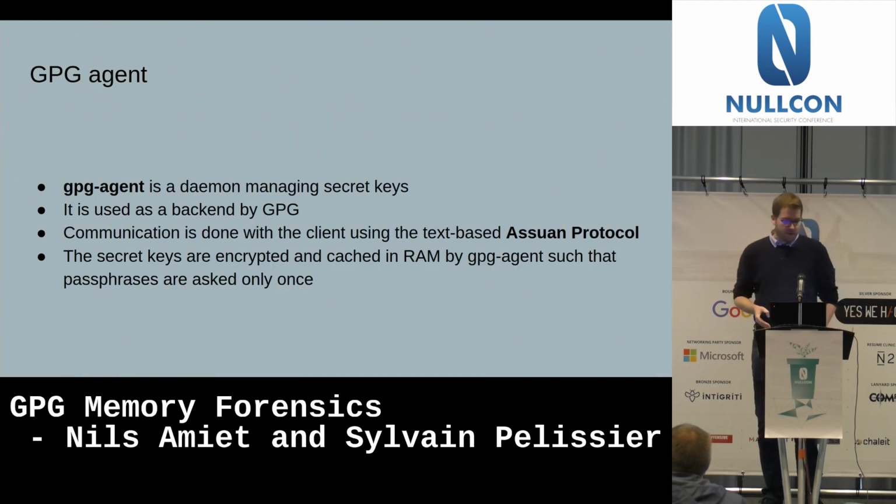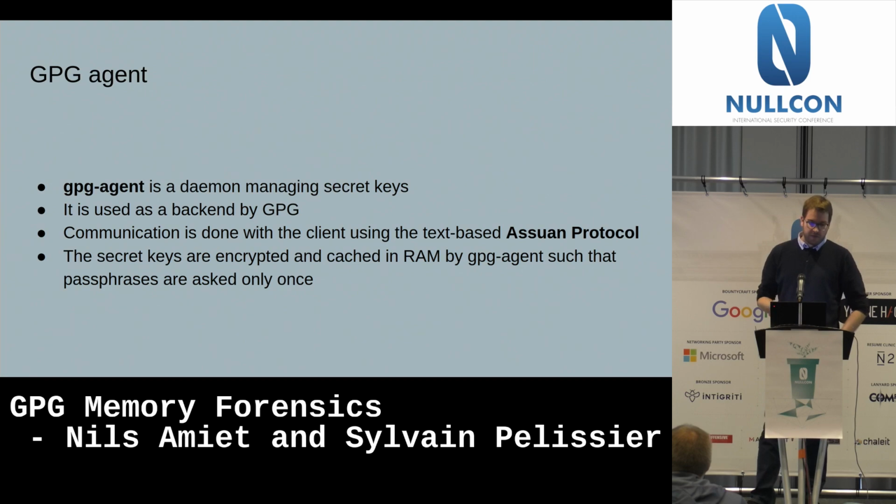So one component that comes with the GPG command line tool is a daemon called GPG-agent. It's a service that runs in the background. If it's not running yet, the command line tool is going to launch it automatically on demand. So it should always be available so that the command line tool can use it.